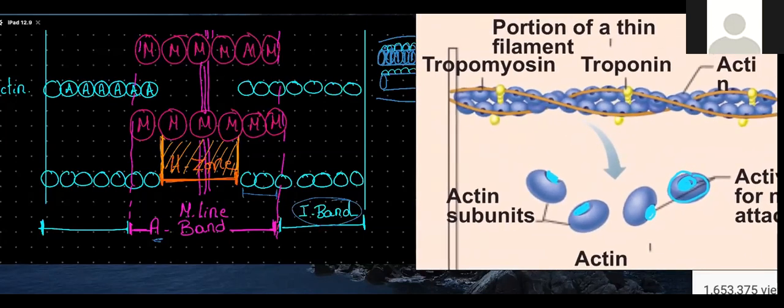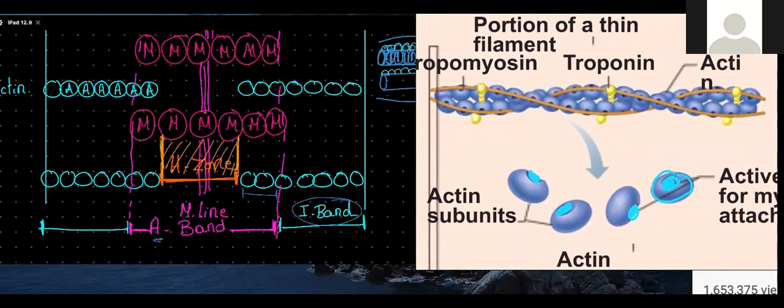Associated with those actin subunits forming my thin filaments, you've got the regulatory protein subunits. Those include the troponin, and those filaments here are called the tropomyosin.